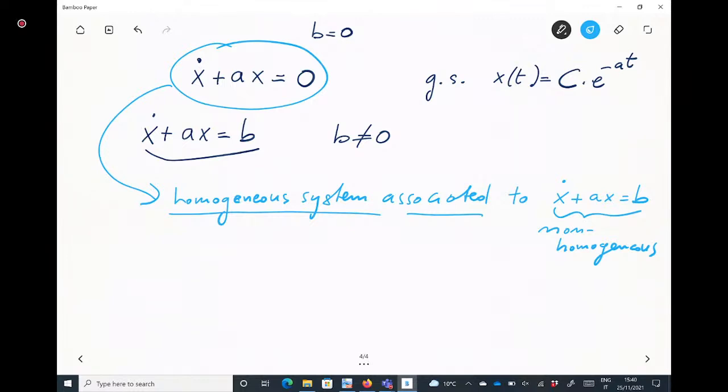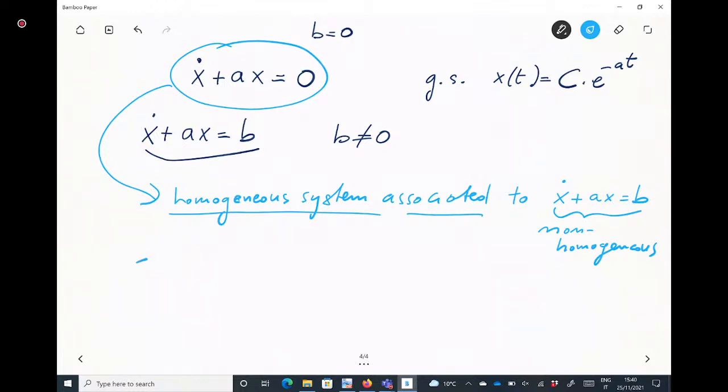Now, there is an important result that holds in a very general fashion for linear systems, not necessarily with constant coefficients: time-varying coefficients, time-varying forcing term, time-varying everything, but linear systems.